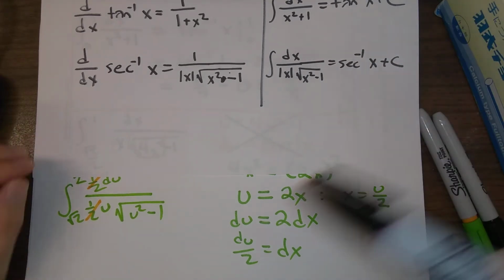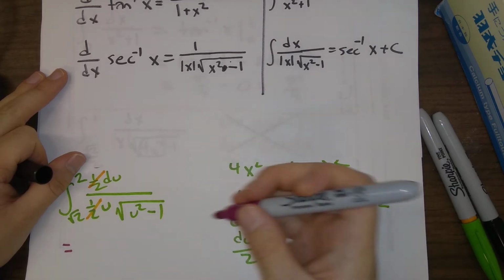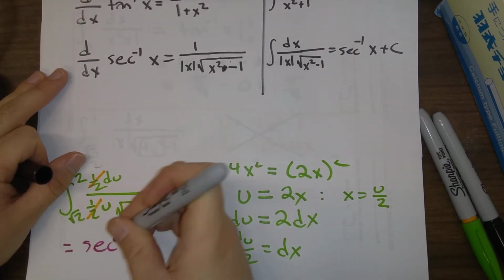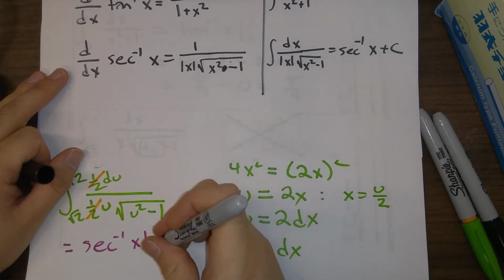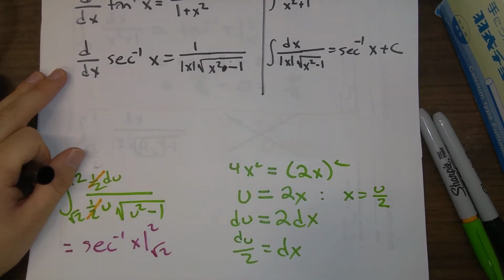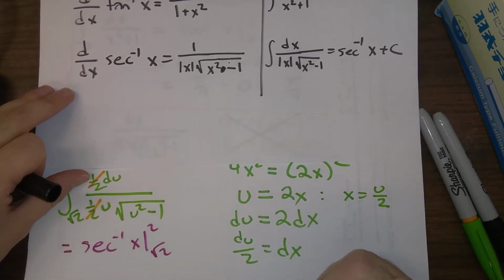So what is going to be our answer here? The answer is going to be arcsecant x, and then plug in root 2 and 2 there. So this is what is going on.